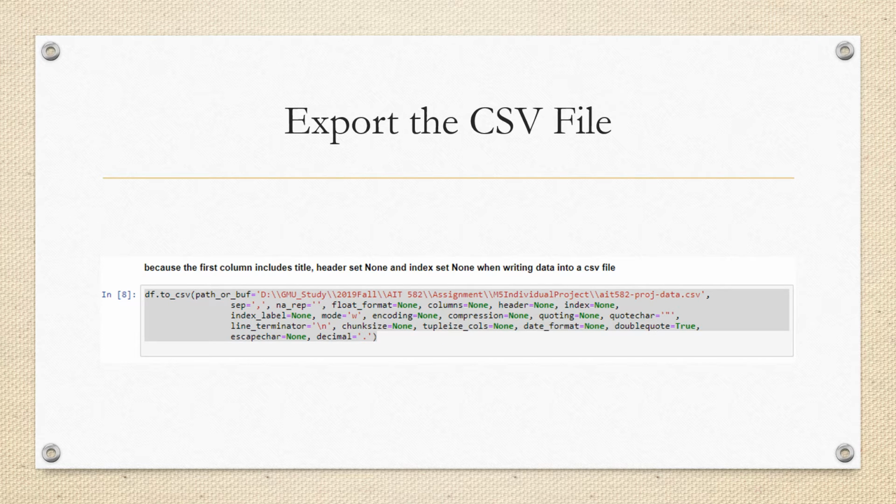And then after changing the order, I export the CSV file using df.to_csv, and here we need to make sure we set header equal None and index equal None because the data already has the header and index.